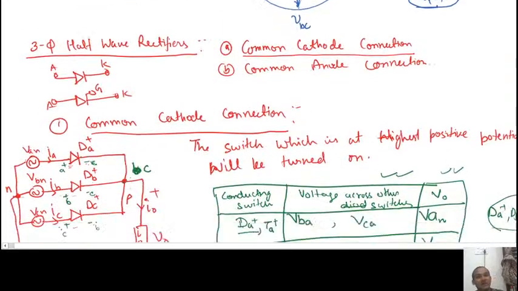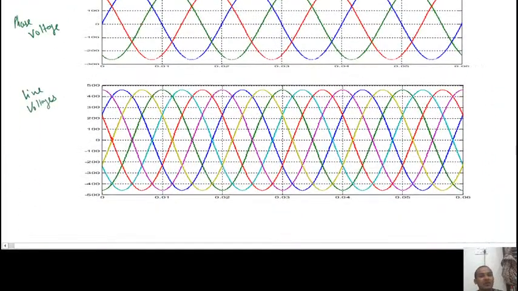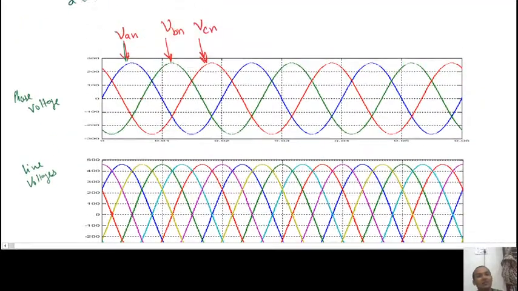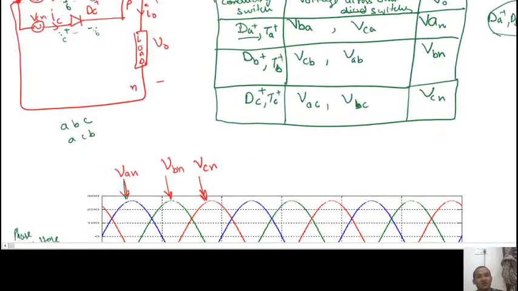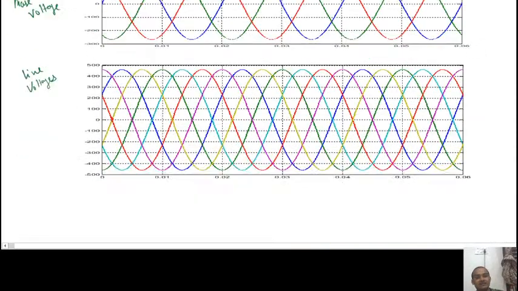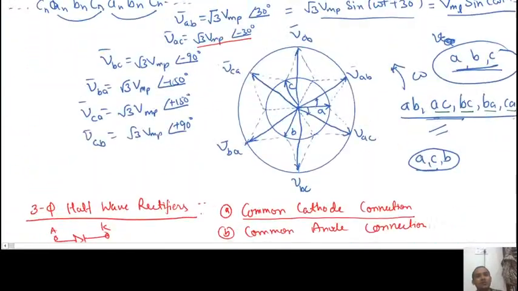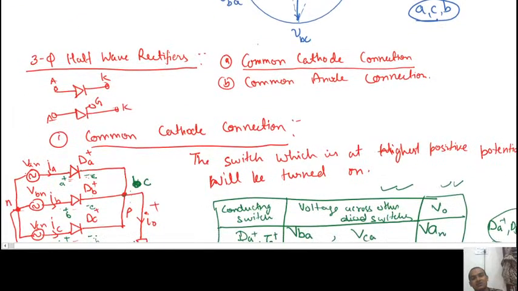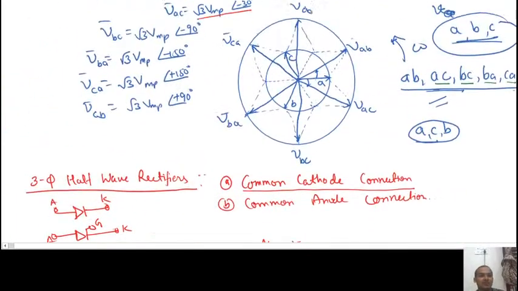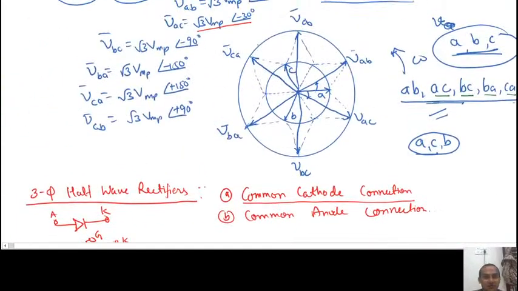With respect to A phase, the AB voltage is 30 degrees leading, and the AC voltage is 30 degrees lagging. So it's easy to identify AC. The AB voltage is either 30 degrees leading or 330 degrees lagging. Let me write everything in terms of lagging.